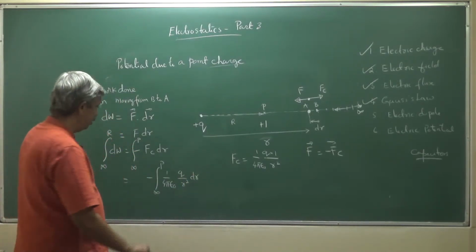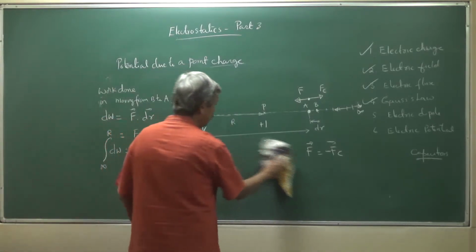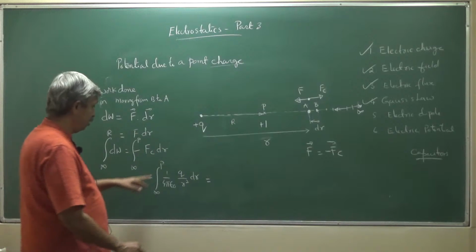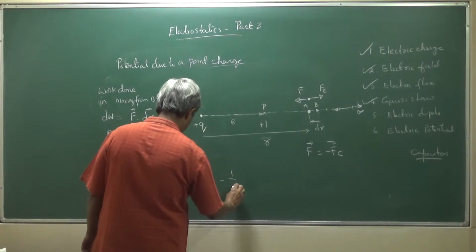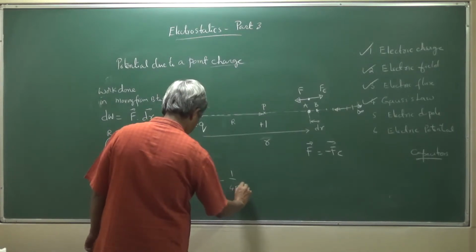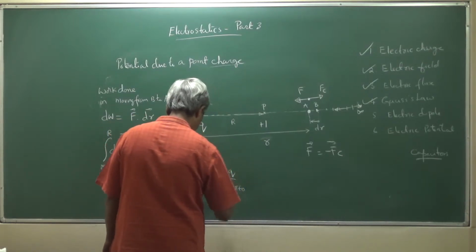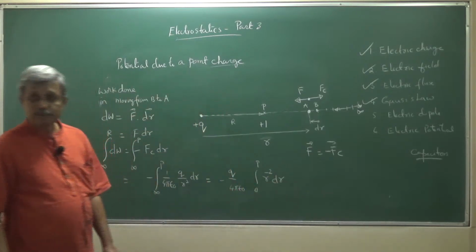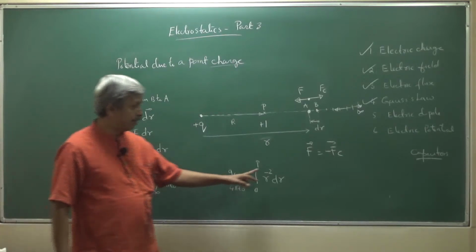Think about it, lots of things are constants. What are the constant things here? 1 by 4 pi epsilon naught and Q are constants, and only from infinity to P, you have R to the power of minus 2 dr. Whatever is in the denominator as R square has become R to the power of minus 2 in the numerator.